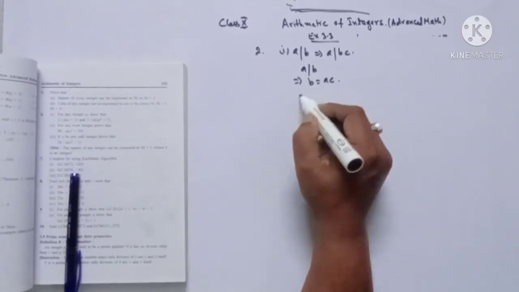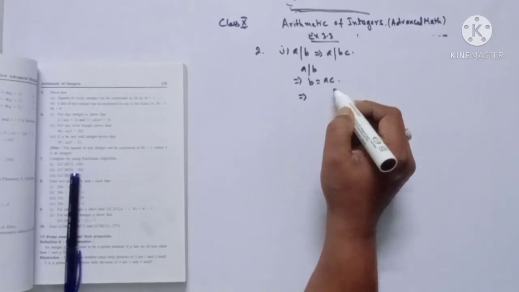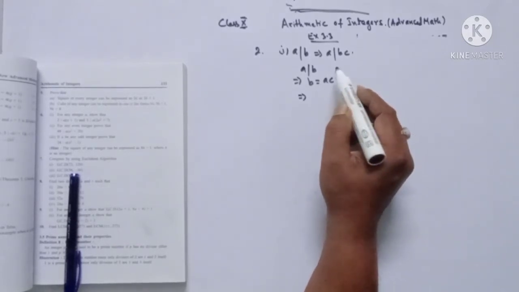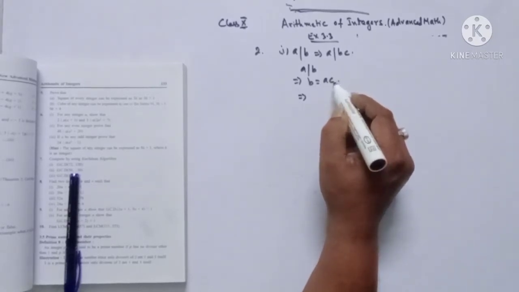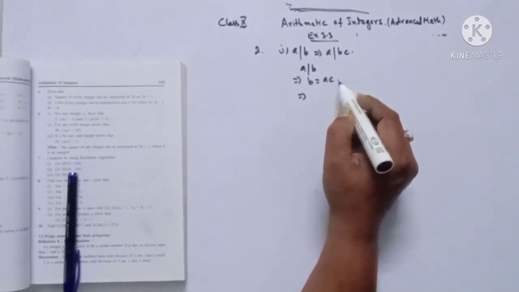And now you can do one thing here, that is A divides B, that means A divides BC.